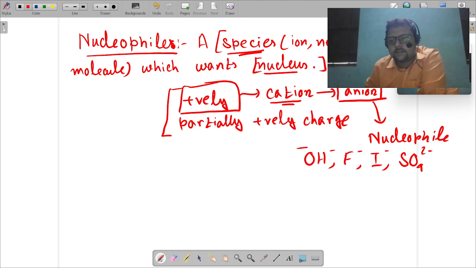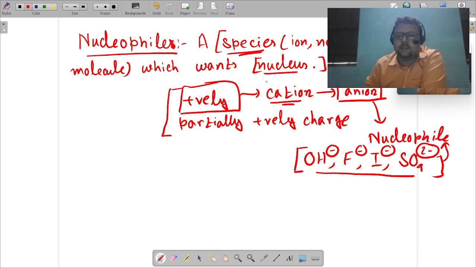All of these come under the classification of nucleophile because all of them are anions carrying a negative charge, and to neutralize that negative charge, all of them want a positive charge, or in other words, a nucleus. By that reasoning, we classify all these anions as nucleophiles.